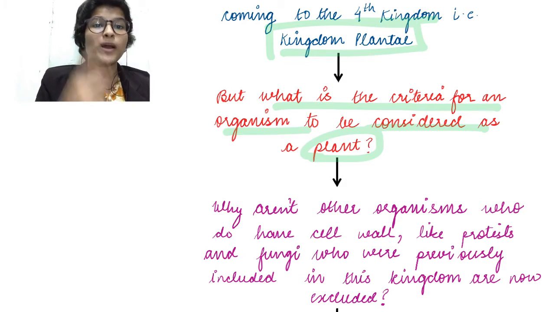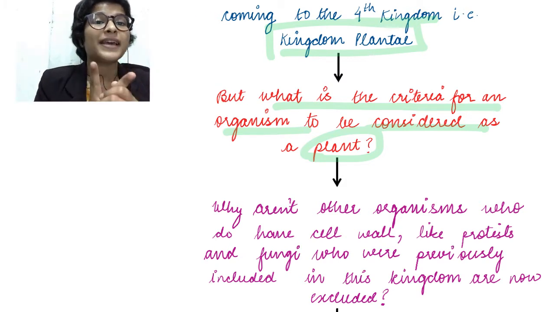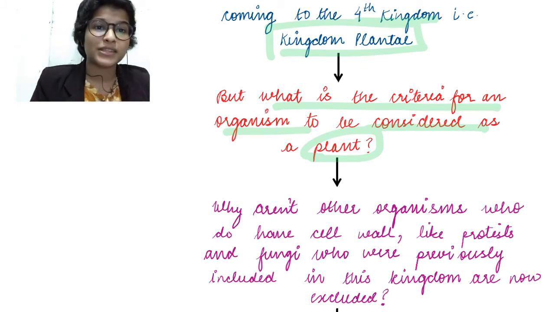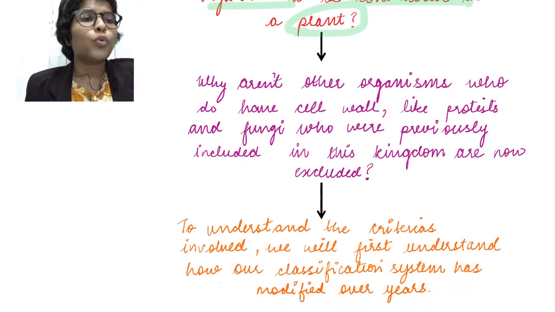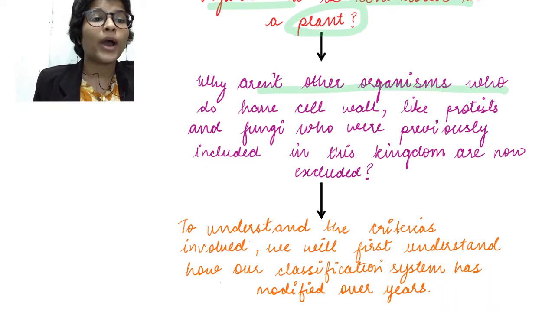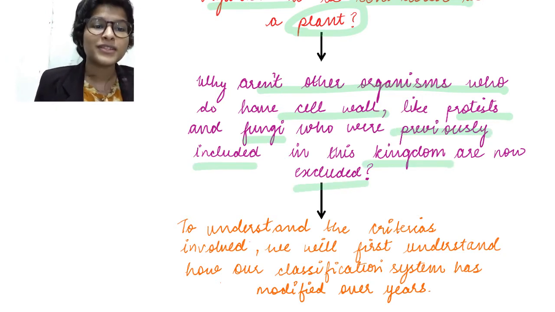Like I told you, one is the presence of a cell wall and second is the ability to synthesize their own food using photosynthesis, therefore it should have photopigments. So why are the other organisms that have a cell wall, like protists or fungi, which were previously included in this kingdom, now excluded? Like I told you, the ability to photosynthesize is absent in most of them.